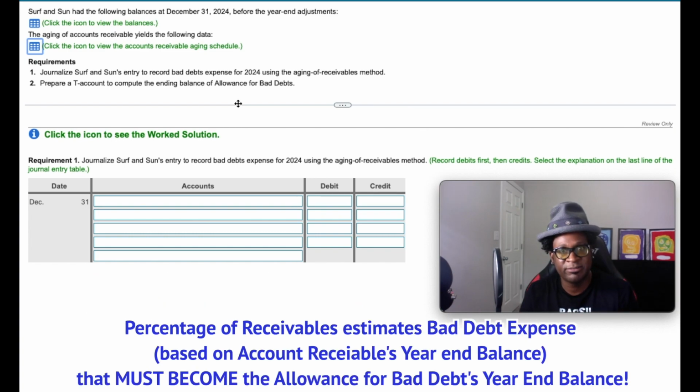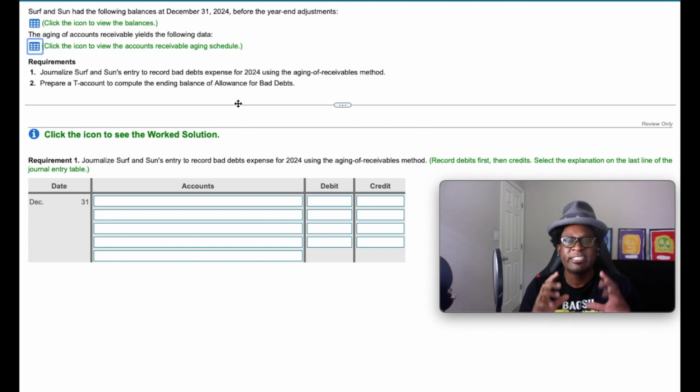Under the percentage of receivables, we take an estimated portion based upon previous experience and multiply it times our accounts receivable balance. Whatever that amount is, gang, must always become your allowance for bad debt ending balance for the period. An aging table is just a fancier, more descriptive version of that.